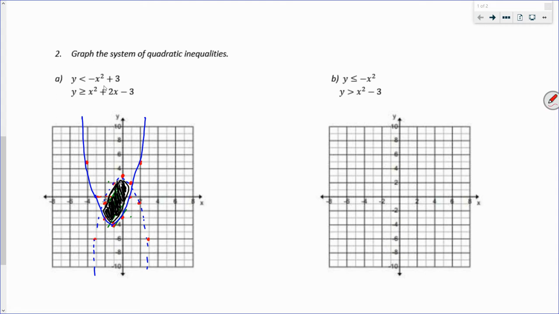Let's see if we knock this next one out fast. All right, so if I'm graphing this one, we will have a solid line.